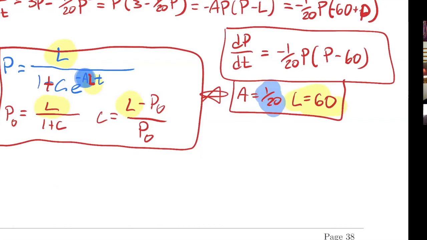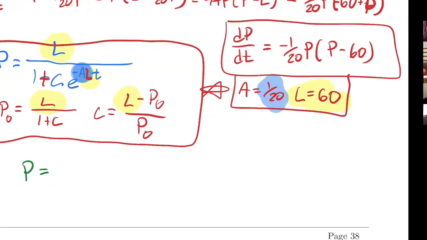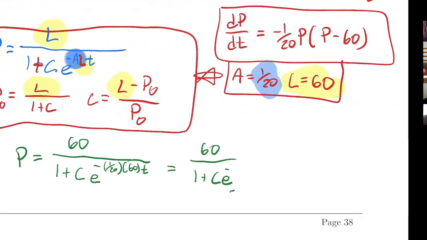So this would be P is equal to, we had L was 60, we had A was 1/20, and we had L again was 60. And so that's our general solution.